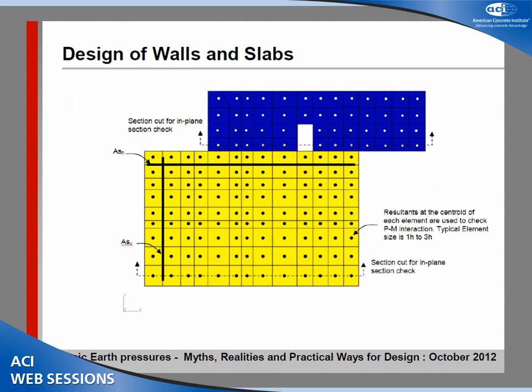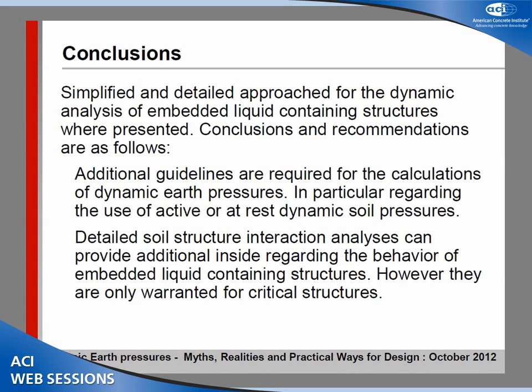For instance, we get results at different locations and use those for design. My opinion is that what we are doing in nuclear is very conservative, but given the importance of the structures, it is definitely deemed necessary.